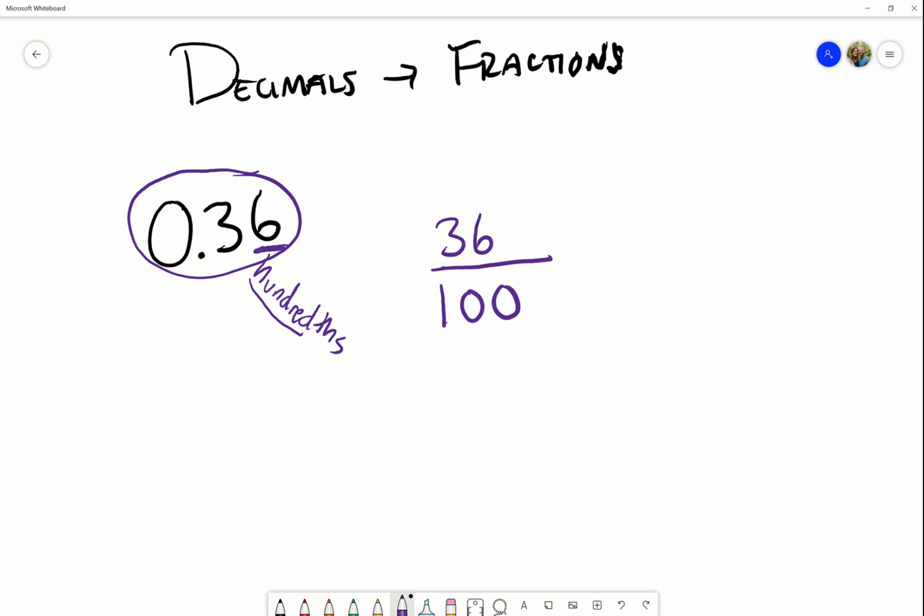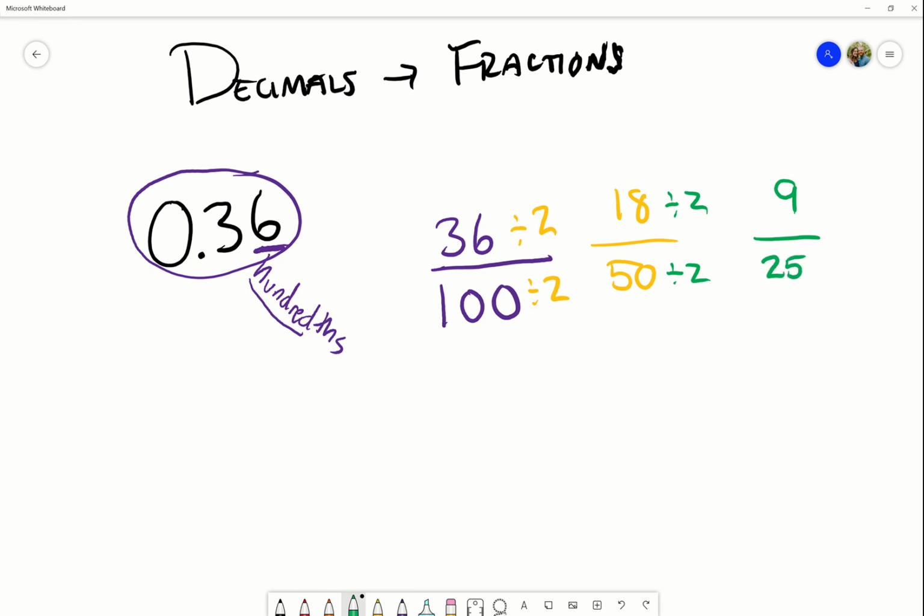36 over 100. And then I want to simplify. I want to say, oh, well, 36 and 100, those can both be divided by 2. 36 divided by 2 is 18. 100 divided by 2 is 50. Both of those are even numbers. Those can both be divided by 2. 18 divided by 2 is 9. 50 divided by 2 is 25.